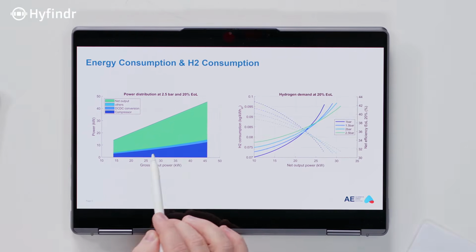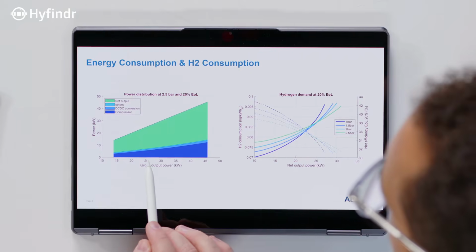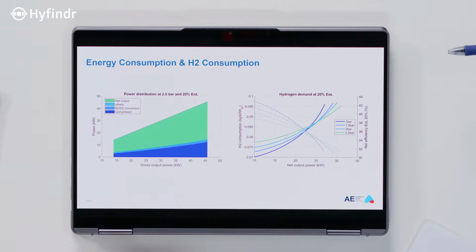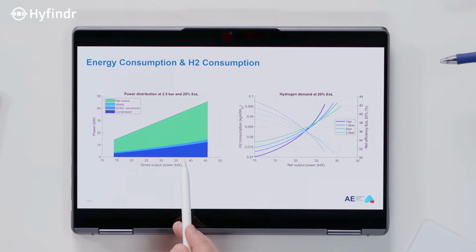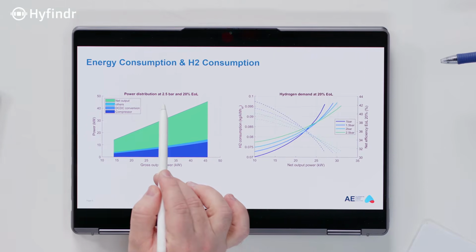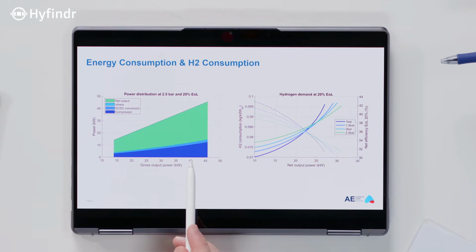Yes. So there are other components like the DC-DC, so there's a conversion in it. There are also some losses and so on, but these are not so high. So the statement out of this graphic is the compressor on this high operating point, so with 2.5 bars, is the main consumer here.